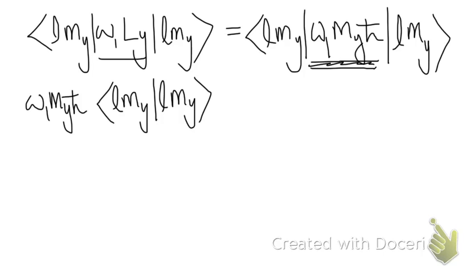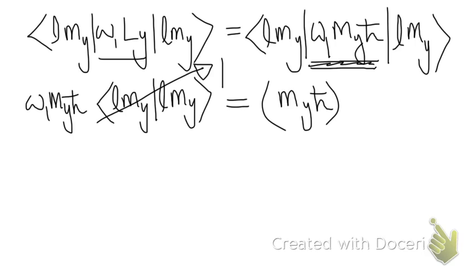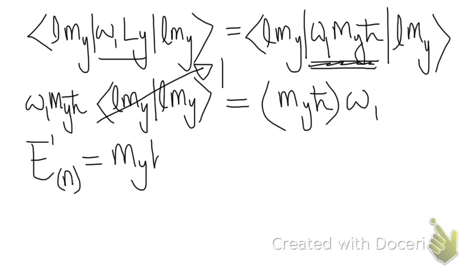Again, note that these angular momentum states are normalized, because we start off with normalized states, so this inner product goes to 1, and this thing is simply My H bar times omega 1. So this is my energy corrected up to first order: it is equal to My h cut omega 1.